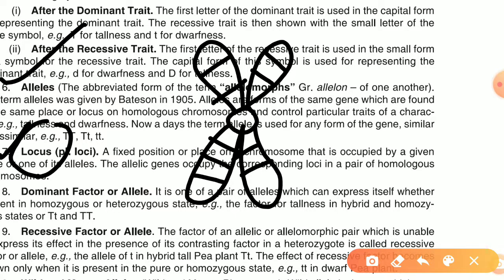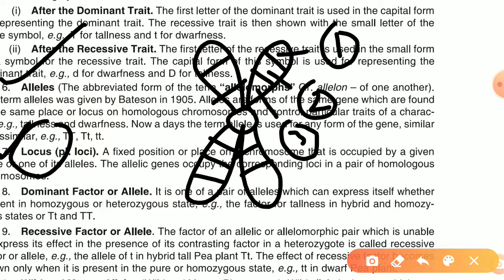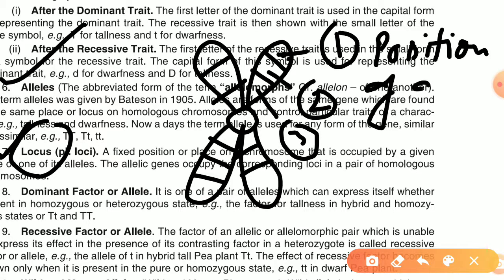As I have drawn here, at this particular place, suppose there is gene number 1, then here is gene number 2, at this place there is gene number 3. So every gene is having a fixed position on the chromosome. So the position of a gene on a chromosome is called its location or its locus.